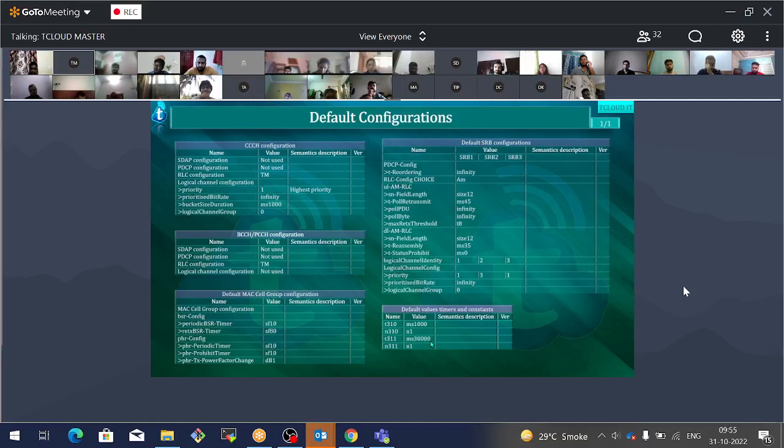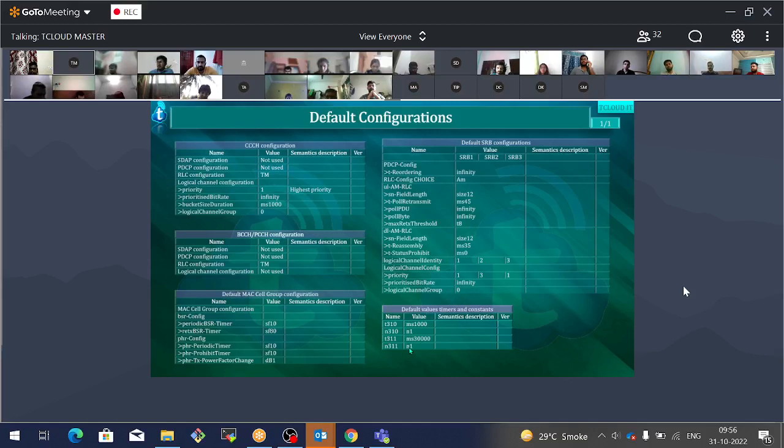T311 is another timer, which is set to 30,000 milliseconds, which is equal to 30 seconds. Both these timers would be used in two different scenarios. Similarly, there are constants; the elements that start with the letter N are considered constants. The N310 default value is N1. The N311 default value is N1.